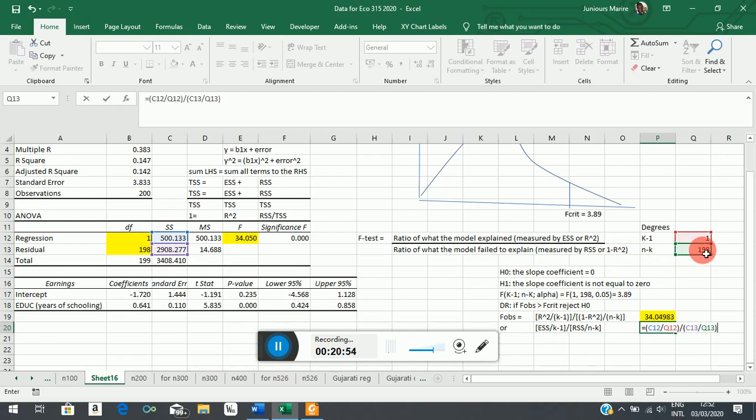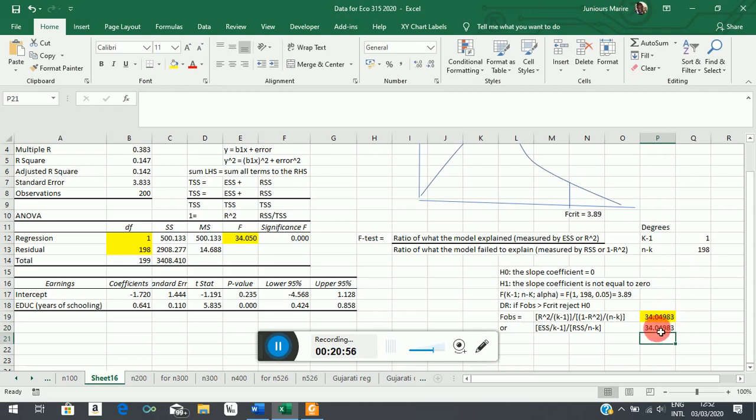You close, say okay. You see that you get the same F. So these are alternative approaches. This is called the sum of squares approach. This is called the R squared approach.